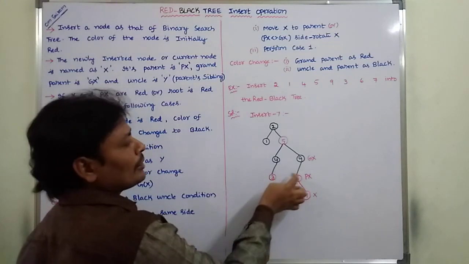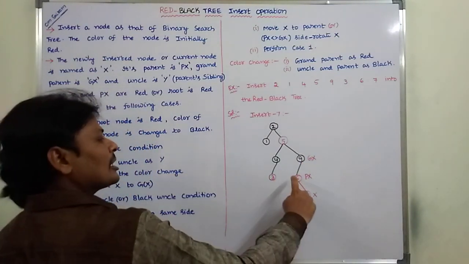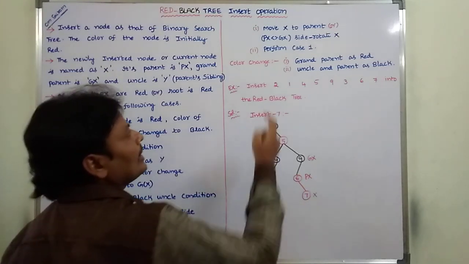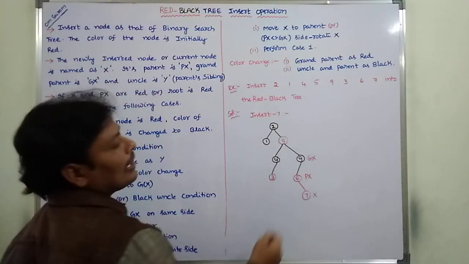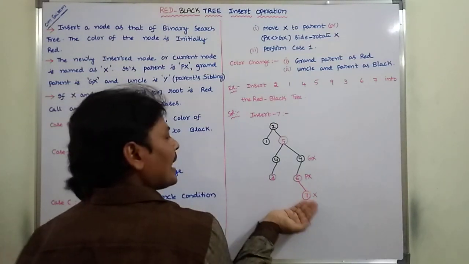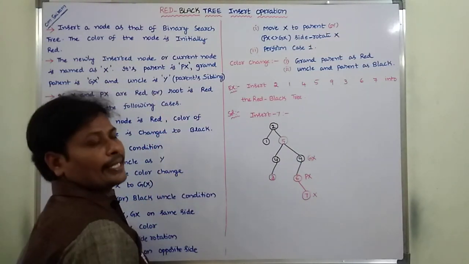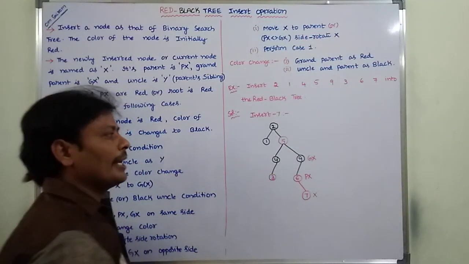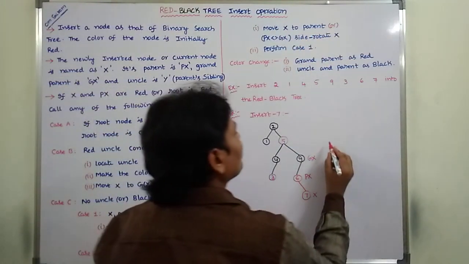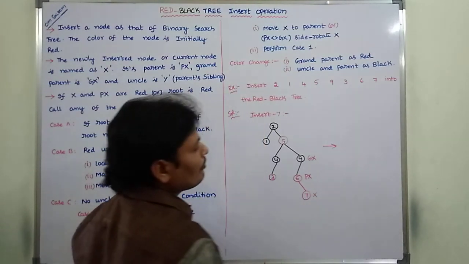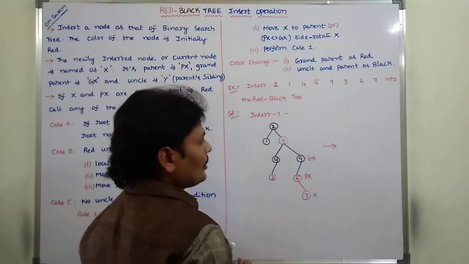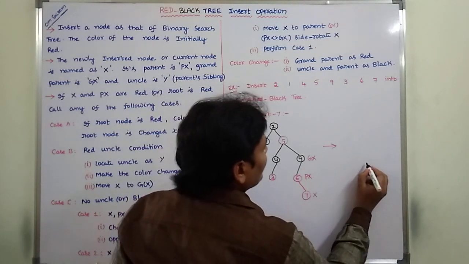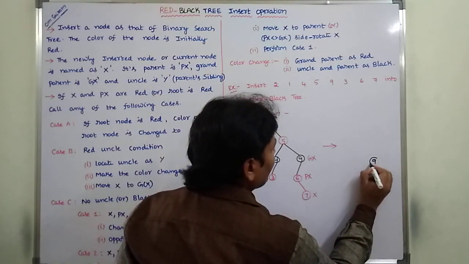X can be rotated to the Px Gx side because Px and X are on the right hand side and Px and Gx are on the left hand side. So X can be moved to parent. Whenever X is moved to parent, what are we getting? This is the tree we are getting. So this is 9.